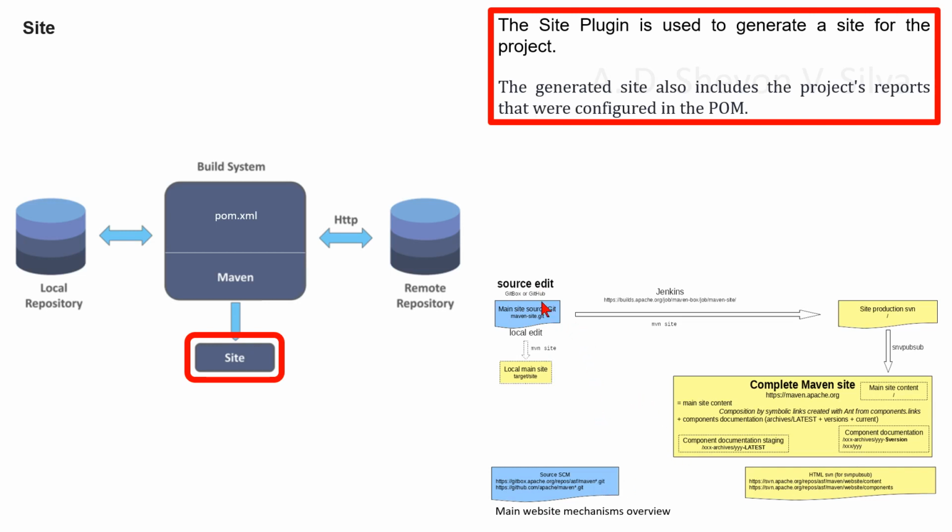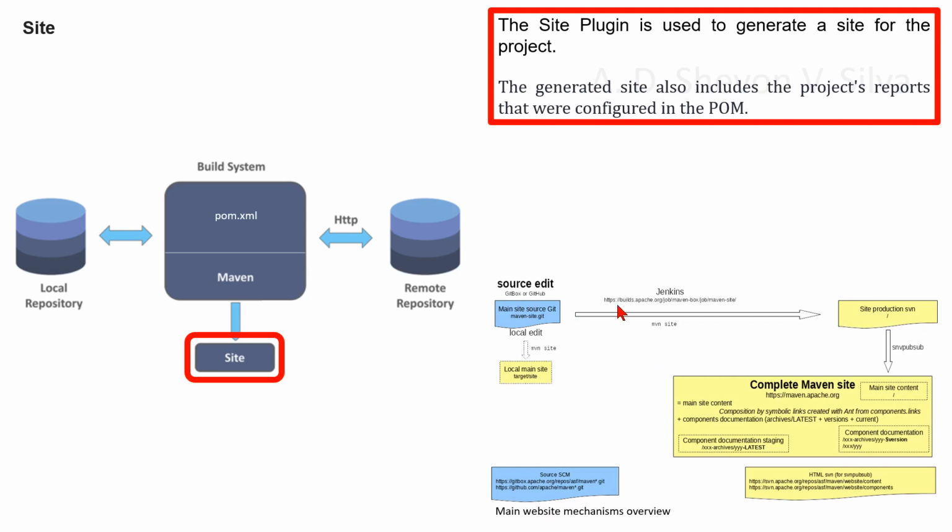And here you can see source edit, GitBox or GitHub, main site source, maven-site.git, and you can see this is local edit and it's connected to Maven main site, target/site. Maven main site is passed from local edit to Maven local main site, and here source edit is connected to site production.